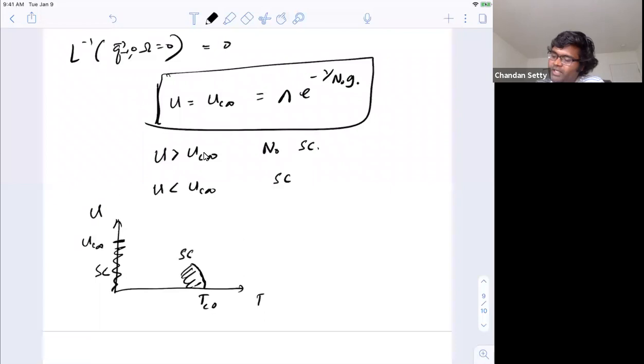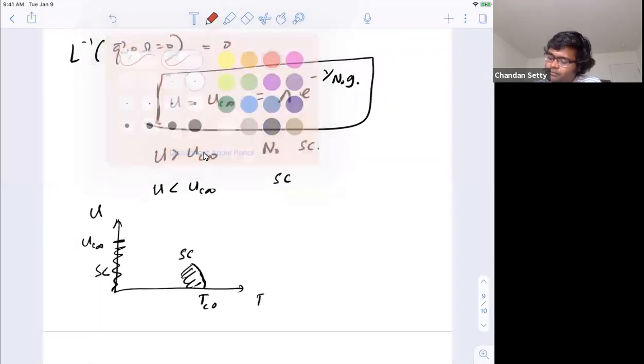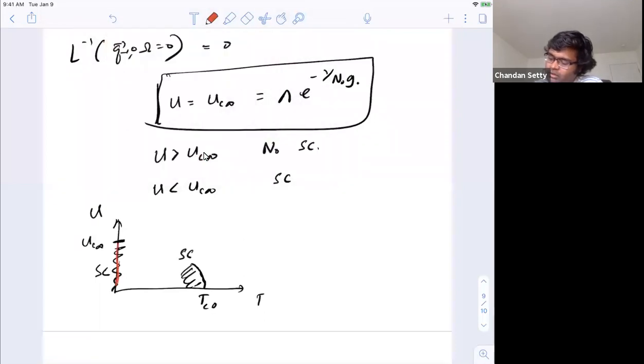But right now we are interested in this region right here. So this is the superconducting state. We are very close to the superconducting state, and we are studying the properties of fluctuations in this tiny region above UC infinity, but at T equal to 0.